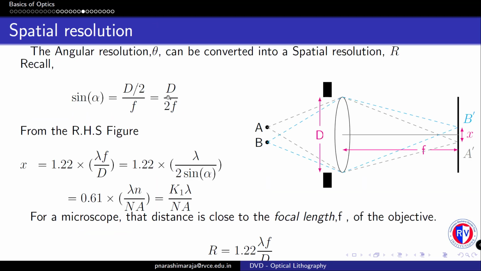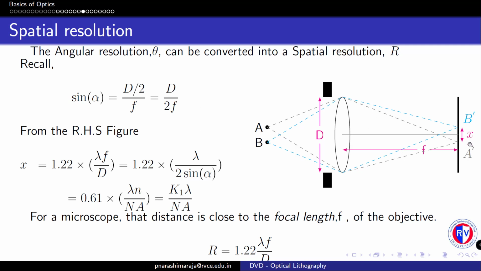Now one can convert the angular resolution that we defined in the previous slide into something known as spatial resolution R. Recall that we defined sine alpha, which is the angle between the center of the lens and the edge of the lens, as the radius of the lens divided by the focal length.